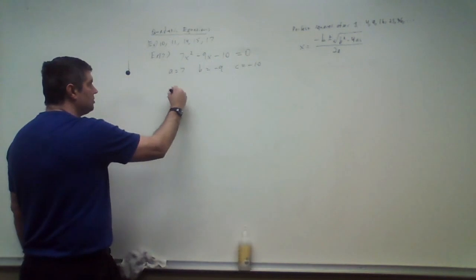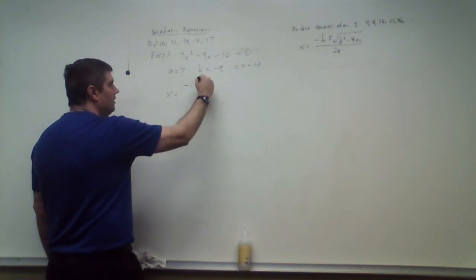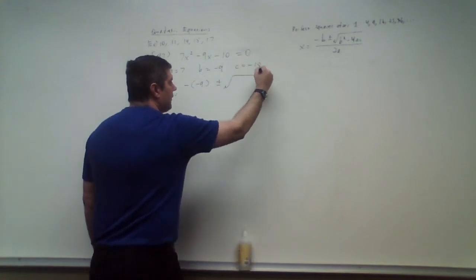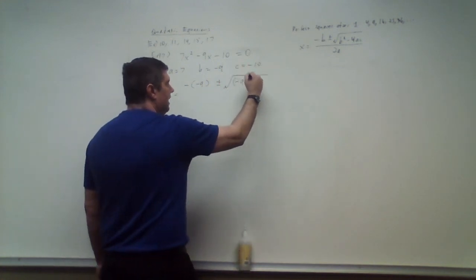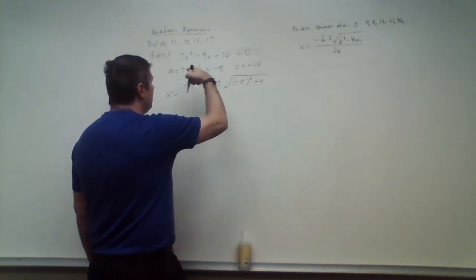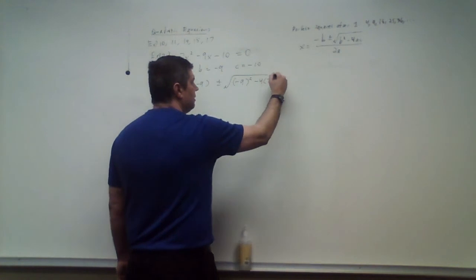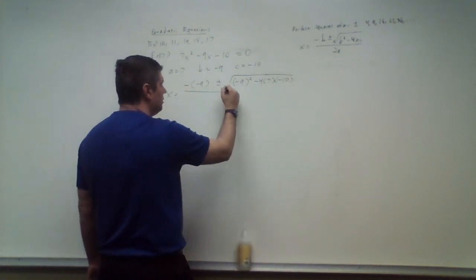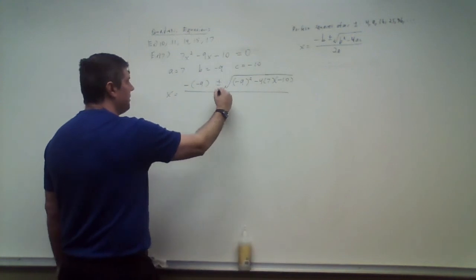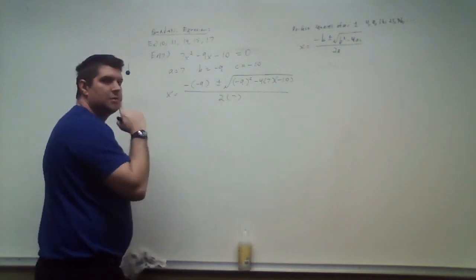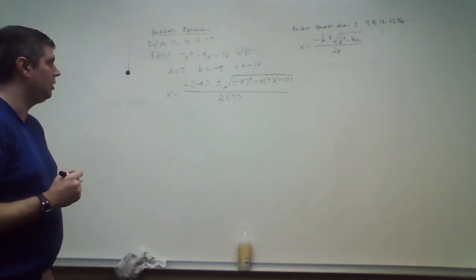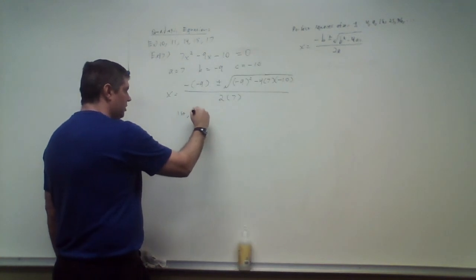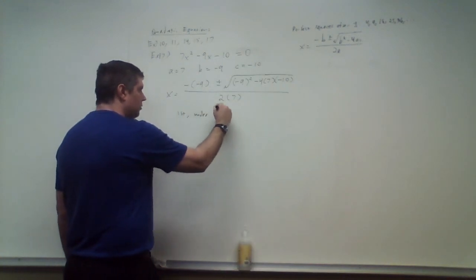So x equals negative 9, plus or minus, the formula's over there. Negative 9 squared minus 4 times 7 times negative 10, all over 2 times 7. Okay? So first, you want to calculate what's under the radical.